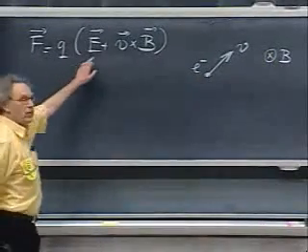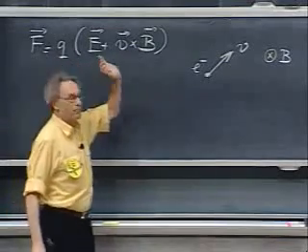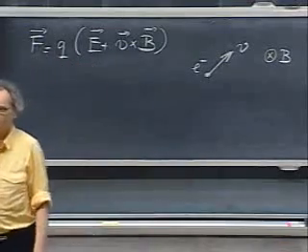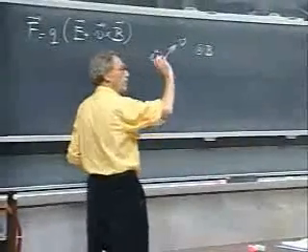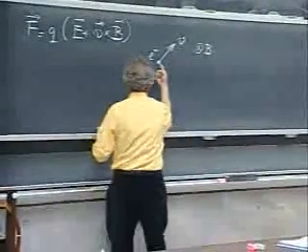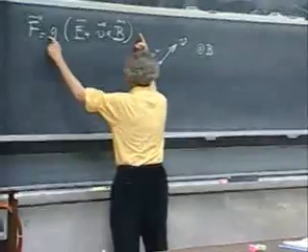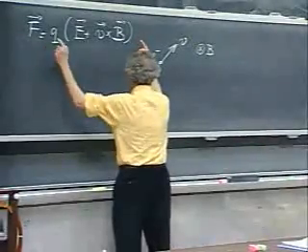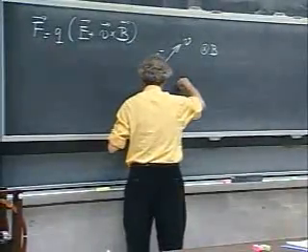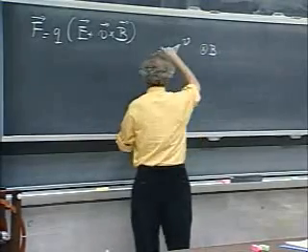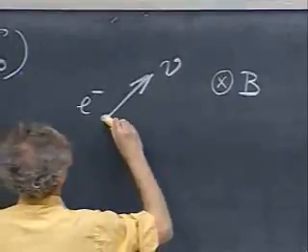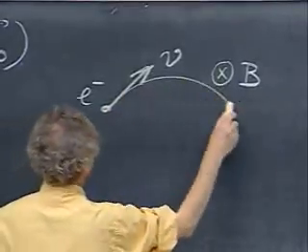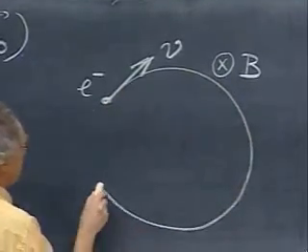There is no electric field, so we only deal with Q times V cross B. V cross B, you should be able to do that cross product, is in this direction, but since the charge is negative, the force on this charge is in this direction. And so the electron is going to turn over in this direction, and you're going to get a circle if the magnetic field is uniform.